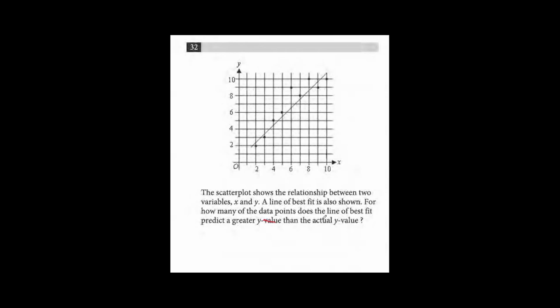How many data points does a line of best fit predict a greater y value than the actual? That basically means how many points are below the line. 2, 4. The answer is 4.